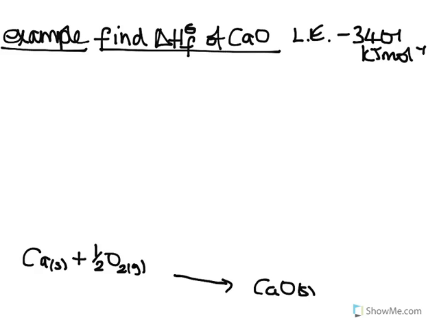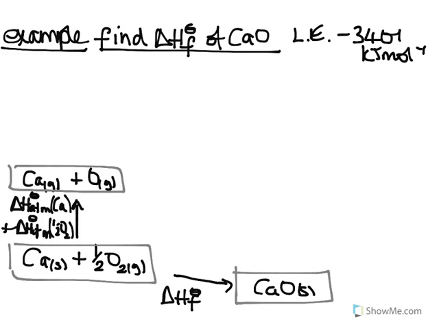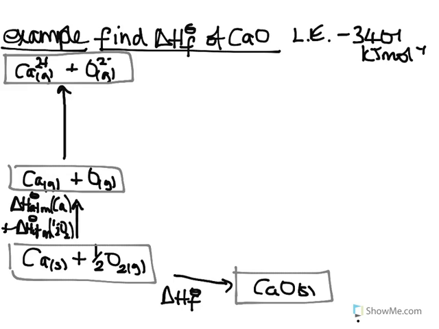So let's construct our cycle. So we have our elements that can be used to form our ionic compound, and this is delta HF, which is what we're actually looking for here. So then we can do our first step where we atomize the calcium, form gaseous calcium atoms, and we atomize the oxygen, form 1 mole of gaseous oxygen atoms. And then we have our second step where we take those gaseous atoms and ionize them.